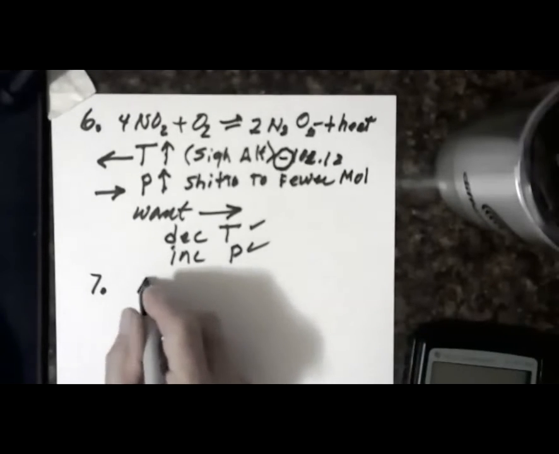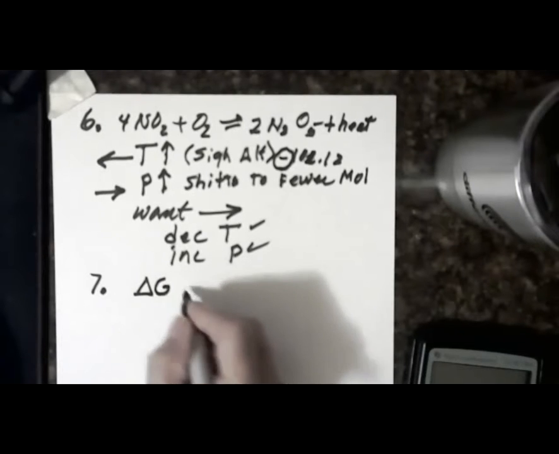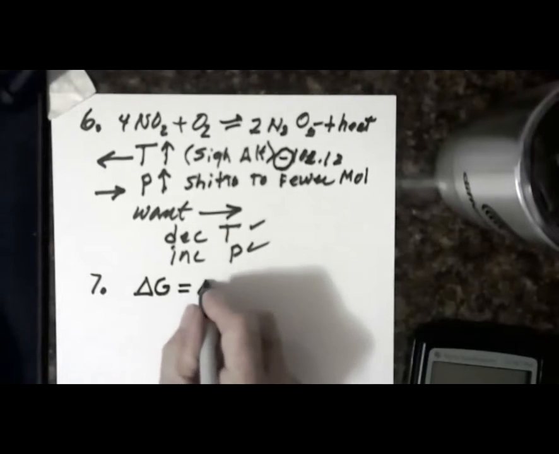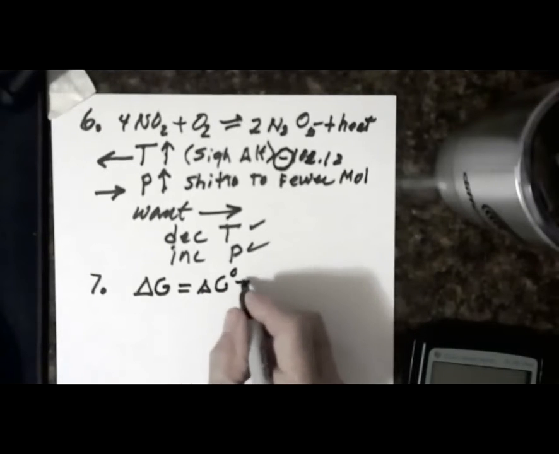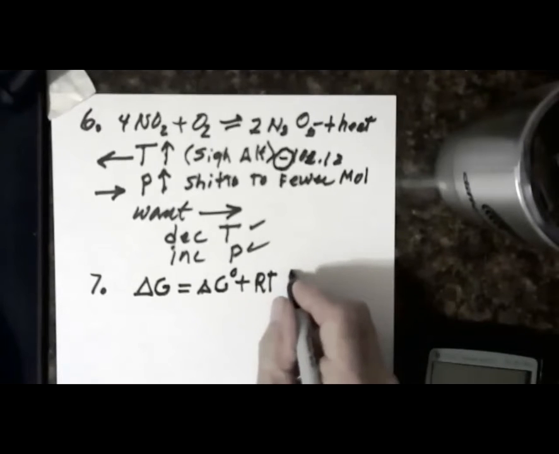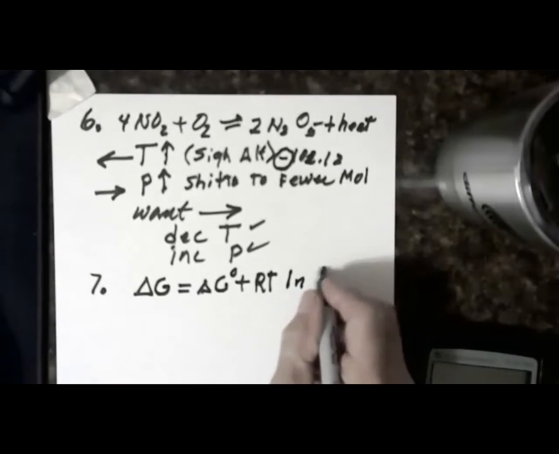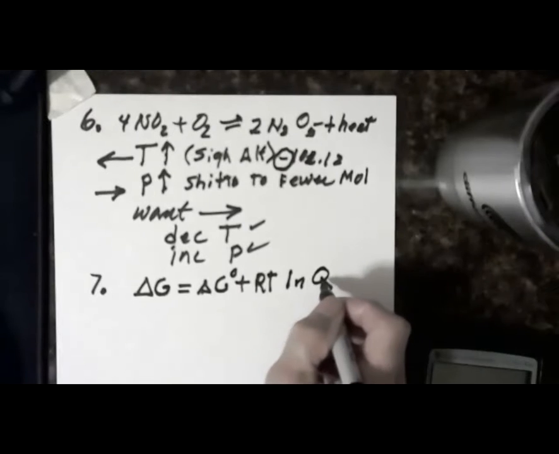The relationship we want is that the delta G without the superscript is equal to delta G with the superscript plus RT ln of Q. Now, Q is expressed like the equilibrium constant is.